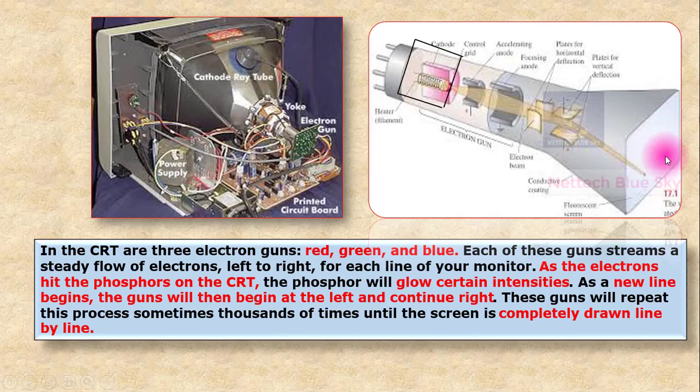So one by one, lines are drawn on your screens. The gun begins at the left and continues right. This gun will repeat this process sometimes thousands of times until the screen is completely drawn, line by line, very fast.